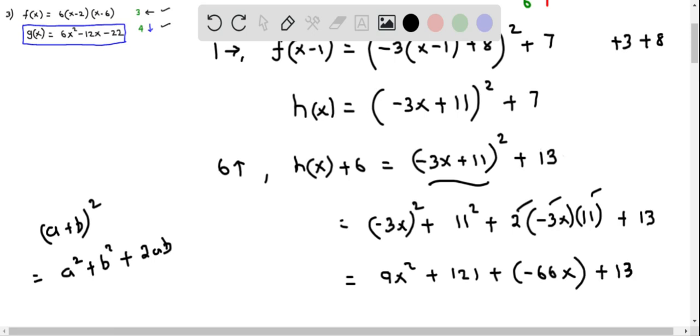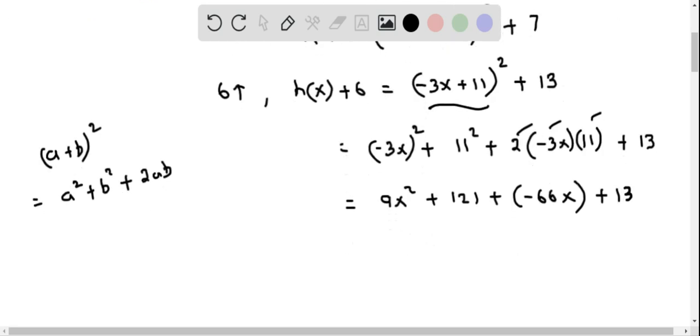And so therefore we have 9x squared, which is the square term. We then put this negative 66x, and 121 plus 13 equals 134. And so this is g of x.